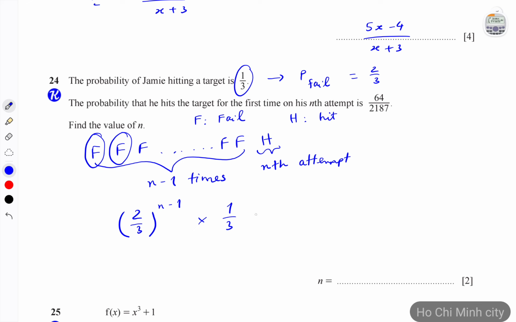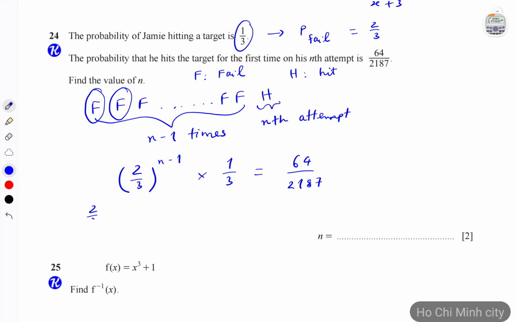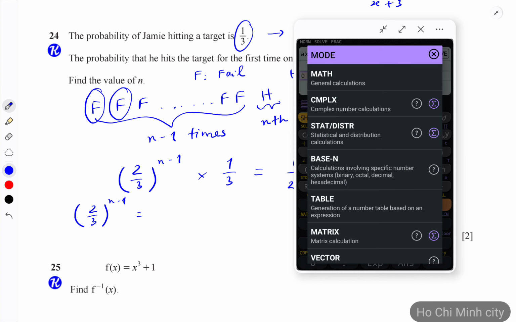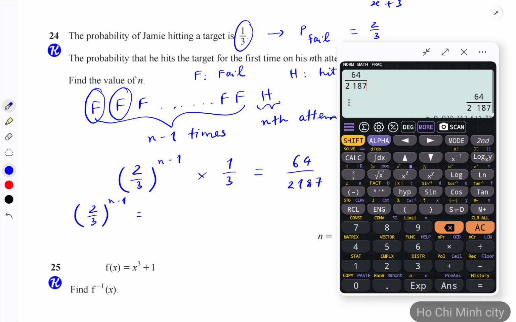And the probability is 64 divided by 2187. So it's time to solve this. 2/3 to the power n minus 1 is 64 over 2187 divided by 1/3, and we have 64 divided by 729.